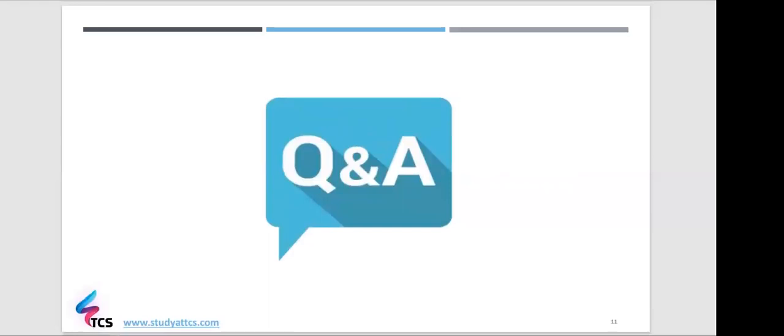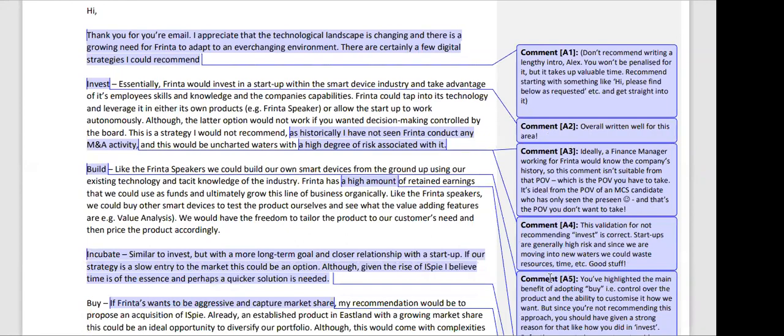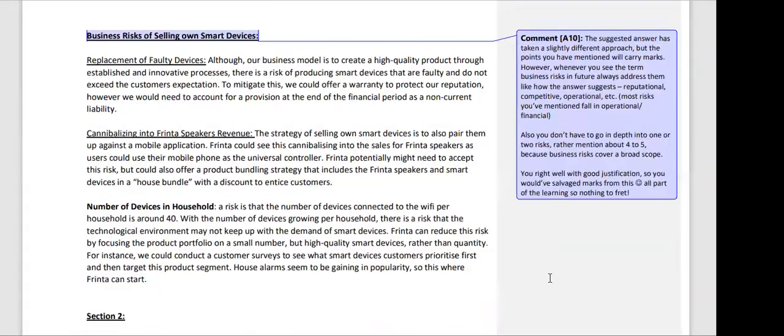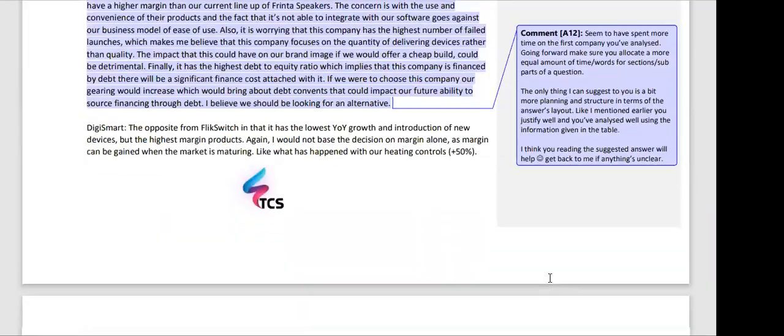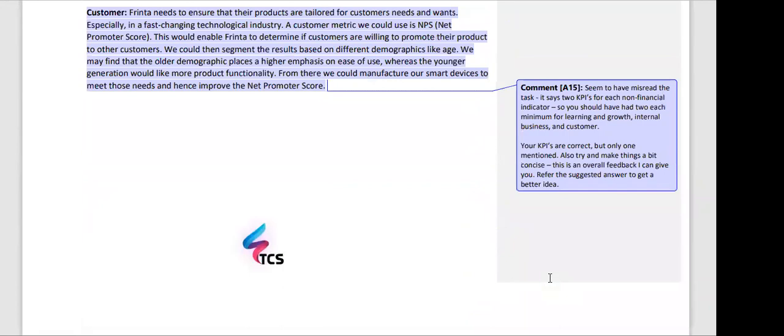And in the meantime, let me take you through some feedback which we have provided. So this is the type of feedback you would gain access to if you purchase the value pack. As you can see, our tutors had provided the annotated feedback, in-depth feedback, I should say. By going through this feedback, you are in a position to figure out how you can improve your answers.